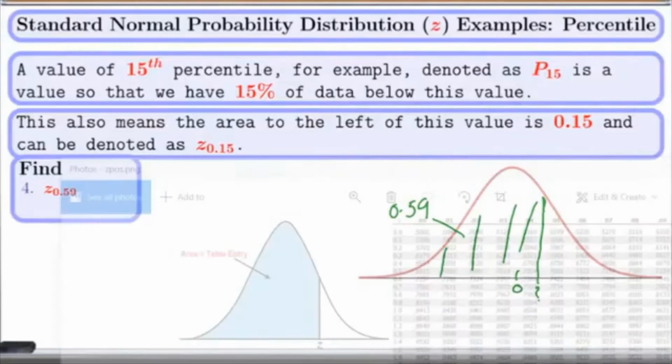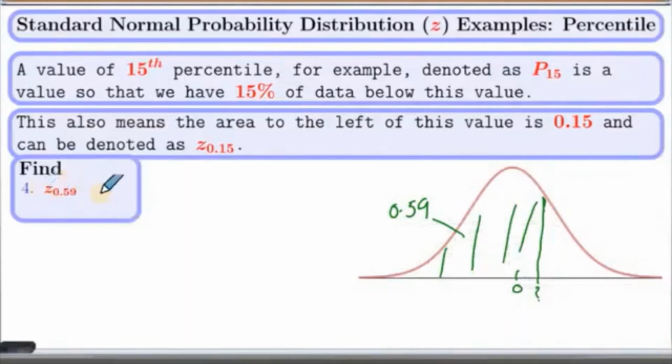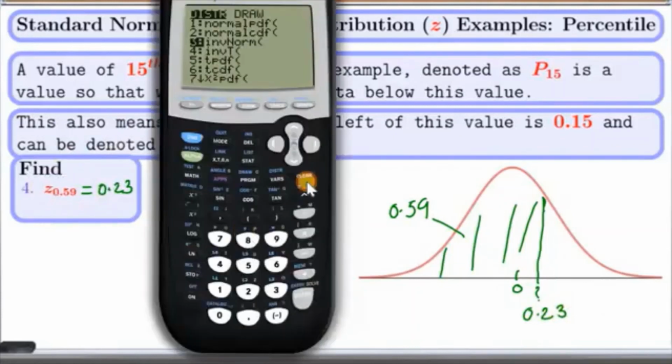So therefore, this equals 0.23, and this value here is 0.23.